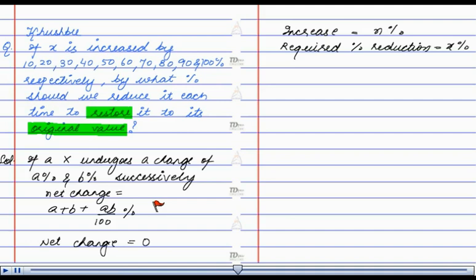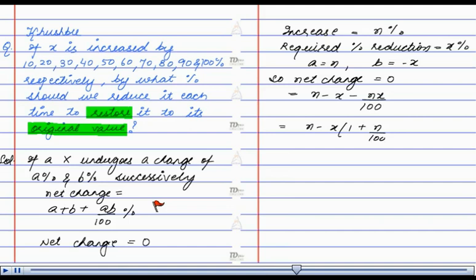Substituting the values in the equation, we get a as n, b as minus x. So, net change, which is equal to 0, is equal to n minus x minus n into x by 100. That will be equal to n minus x into 1 plus n by 100.